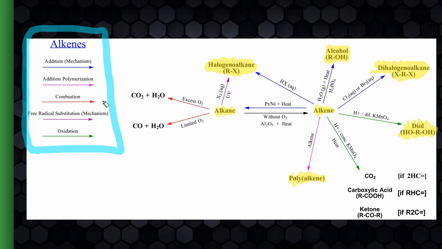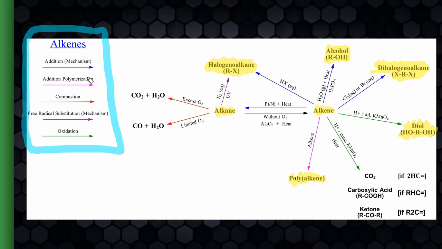So we can see that red arrows are combustion reactions. Pink arrows are addition polymerization reactions. A purple arrow is free radical substitution. Oxidations are in green. And addition mechanisms and addition polymerization reactions are in blue.